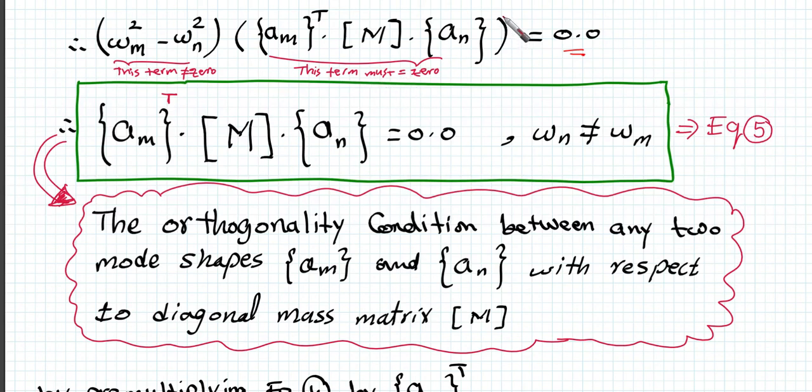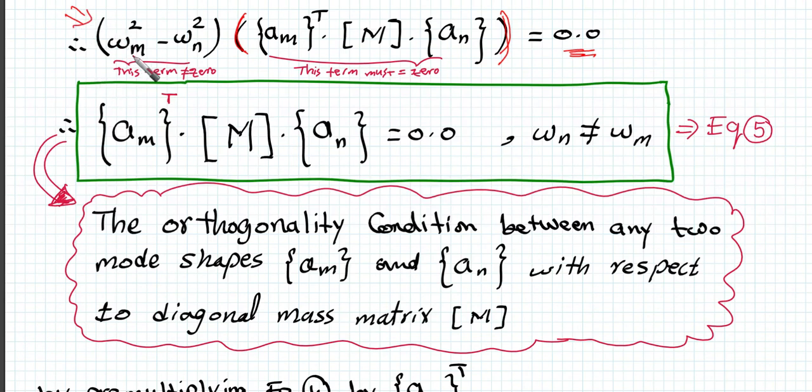If we have two terms here, one term is the difference omega m squared minus omega n squared, times this term equal to 0. Which term should equal 0 from your own point of view?